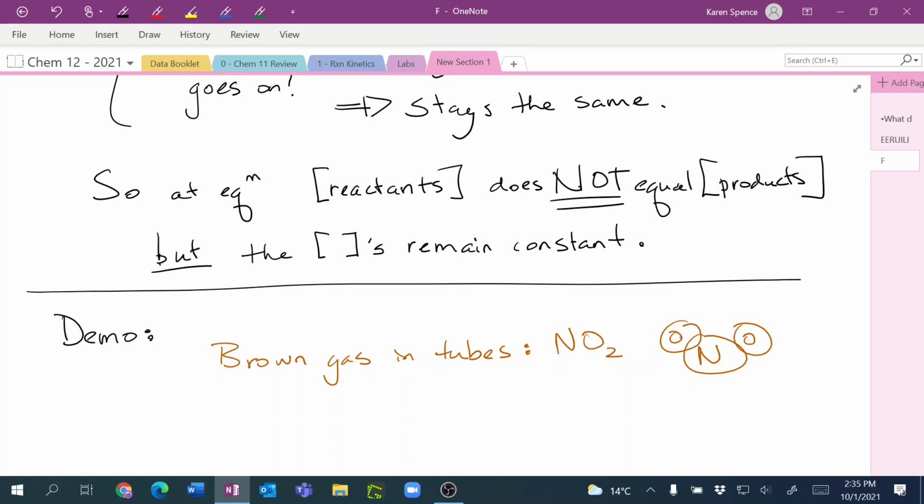How is that possible? Don't forget, we're dealing with reversible reactions. But a reaction always needs something and something.